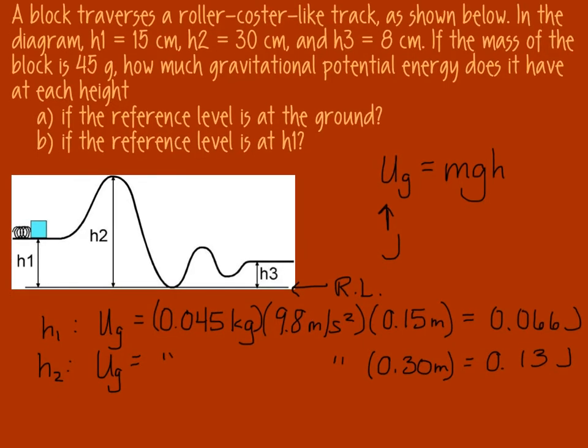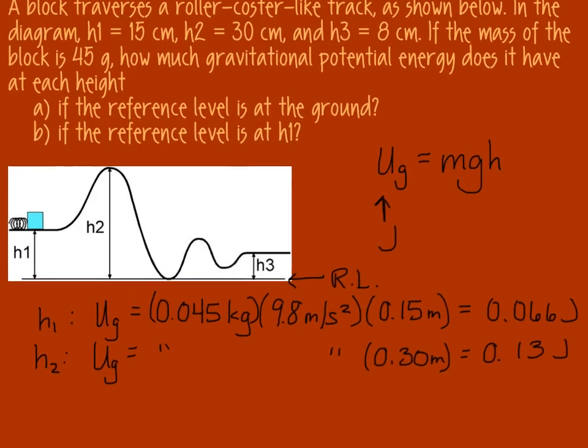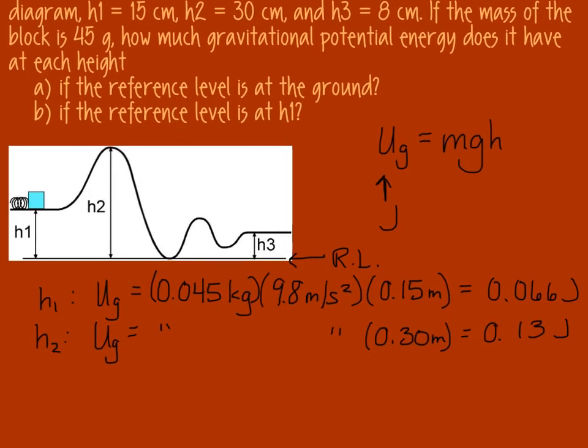Go ahead and calculate the value for h3 on your own right now. You should have found that it's equal to 0.035 joules. Hopefully that wasn't too difficult for you.